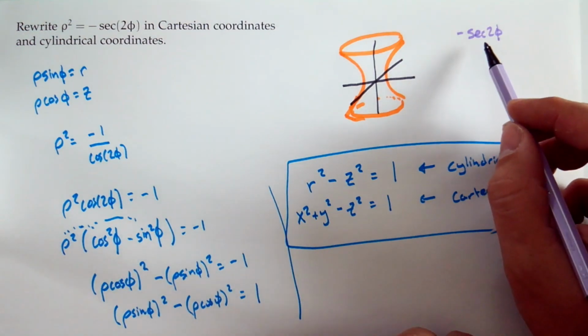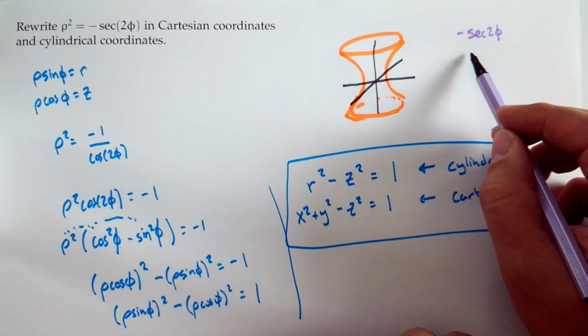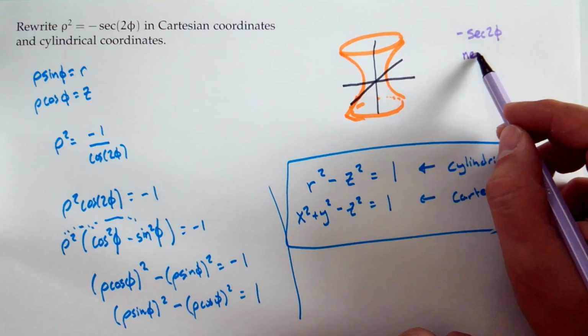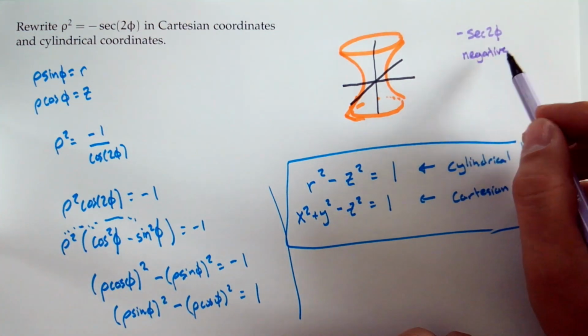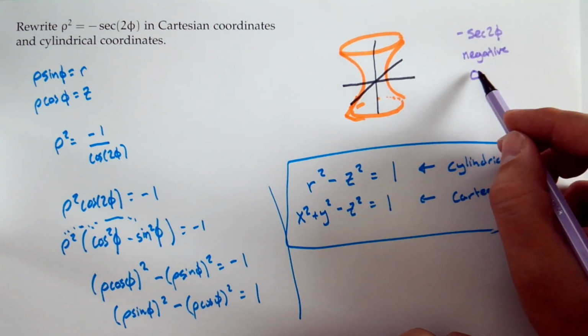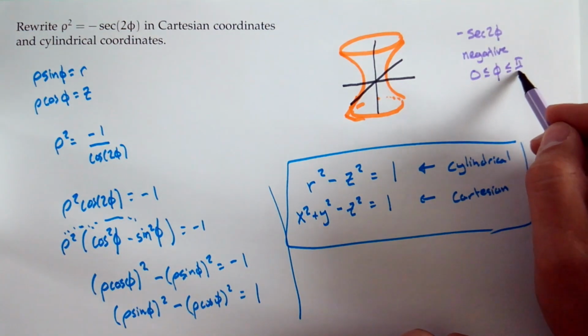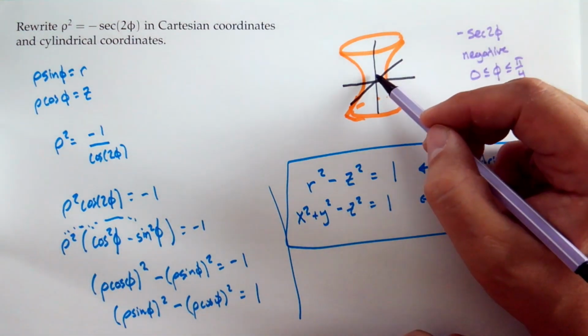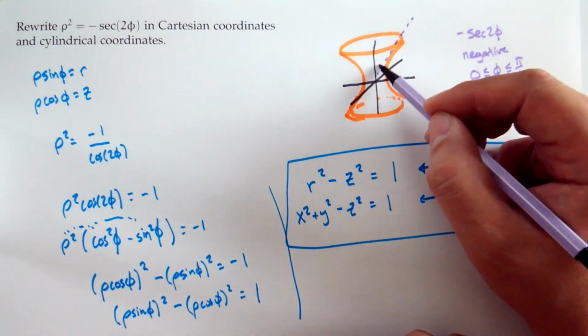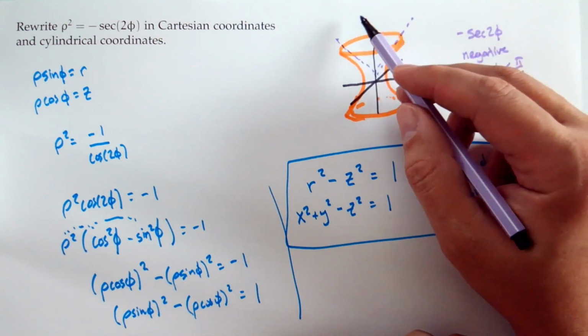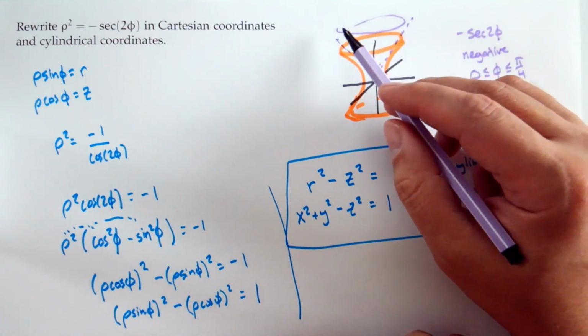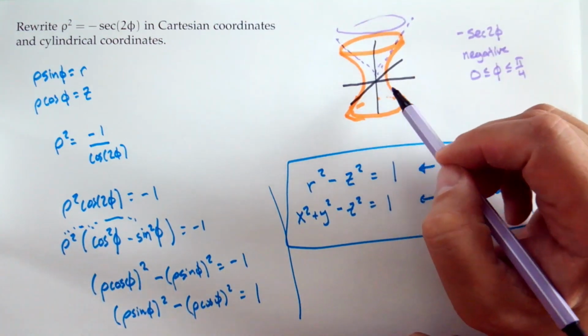In fact, minus secant of 2 phi is going to be negative when we have 0 less than or equal to phi, all the way up to pi fourths. So in particular, if we have this angle of pi fourths, there's nothing up here inside of that range.